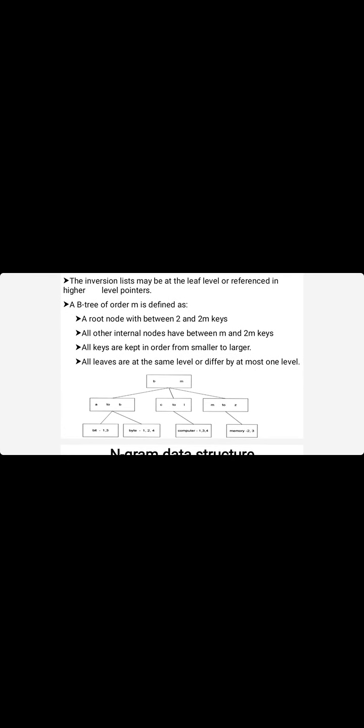Here is another example. The query "bit and computer" would be used in the dictionary to find the inversion lists for bit and computer. These two lists would be logically ANDed.